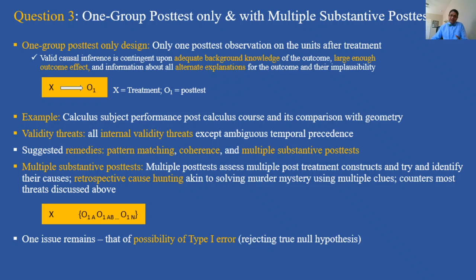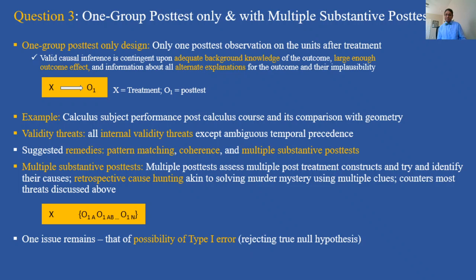Now, what are the validity threats to this one group post-test only design? All internal validity threats actually apply except the ambiguous temporal precedence threat. So threats like selection, history, maturation, regression, attrition, and instrumentation, all these internal validity threats apply to this design.